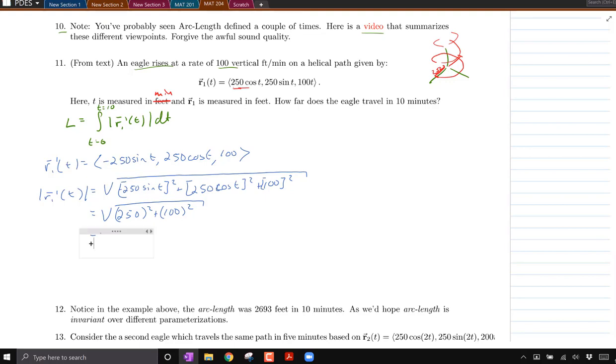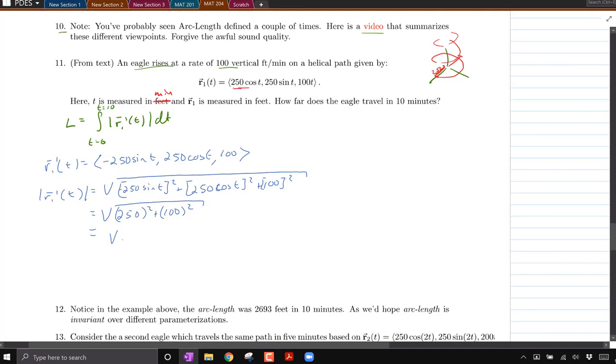So when I computed that, inside the radical I got 72500. Let's go ahead and just leave it in exact form for the time being.